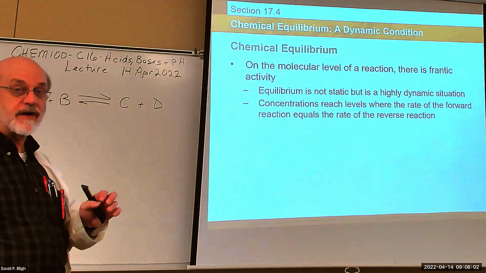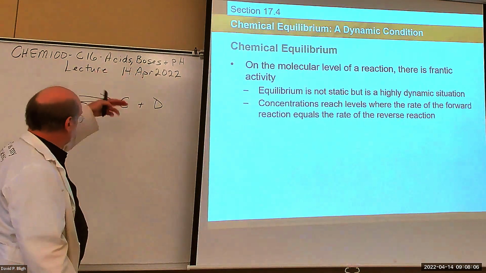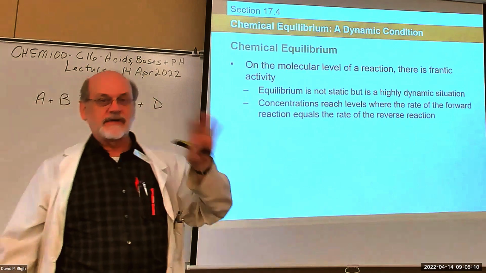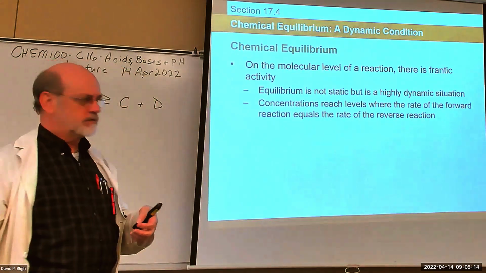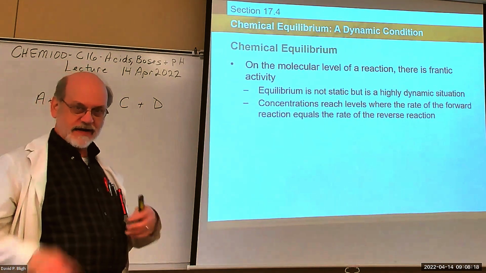It is also a very dynamic process. This forward and reverse reaction rates are happening at extremely high velocities. But they balance one another. So we're now at an equilibrium state.